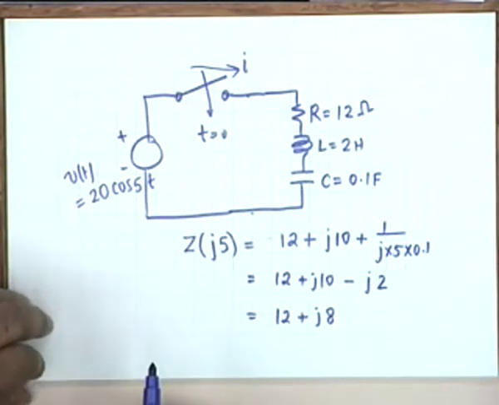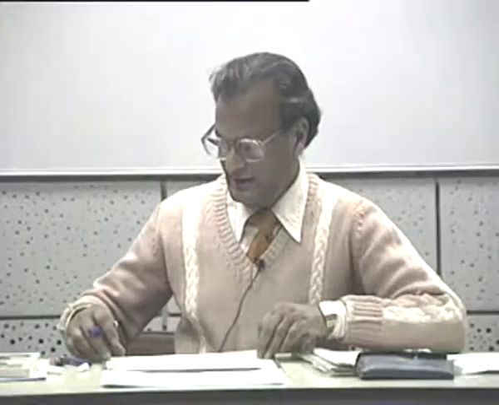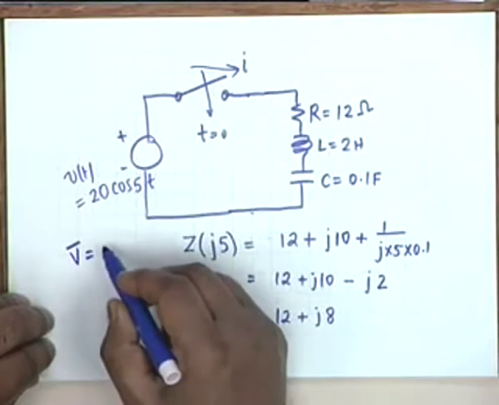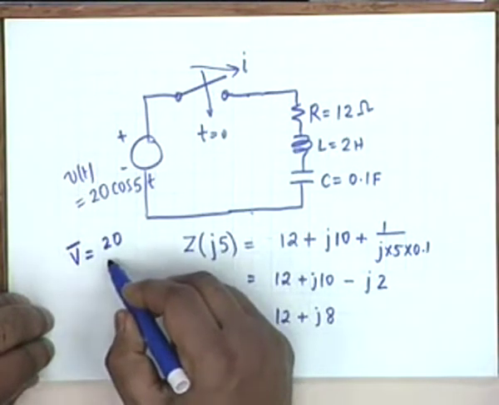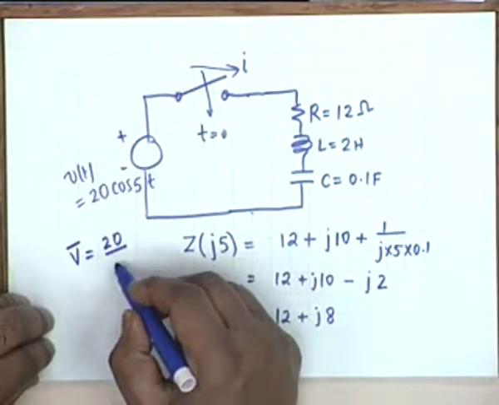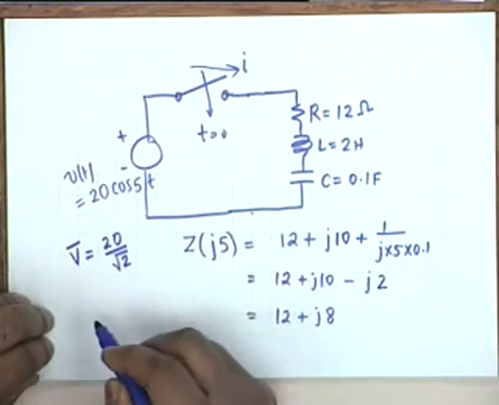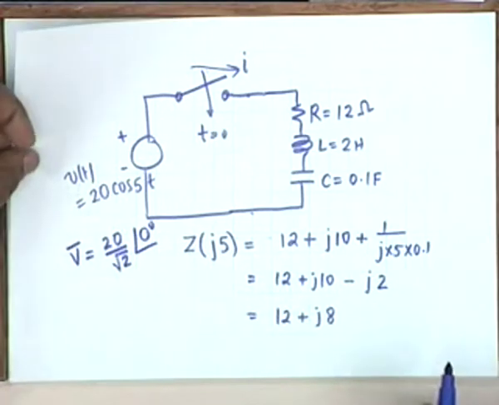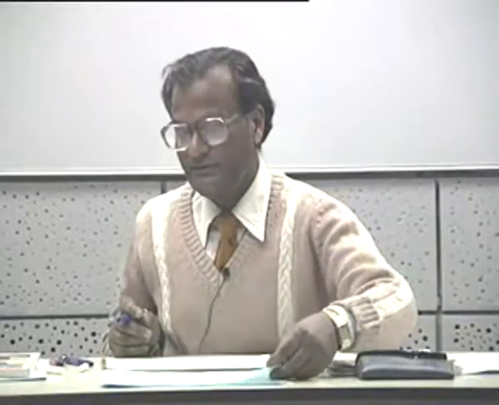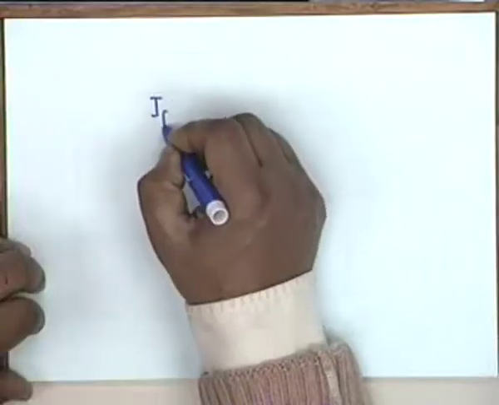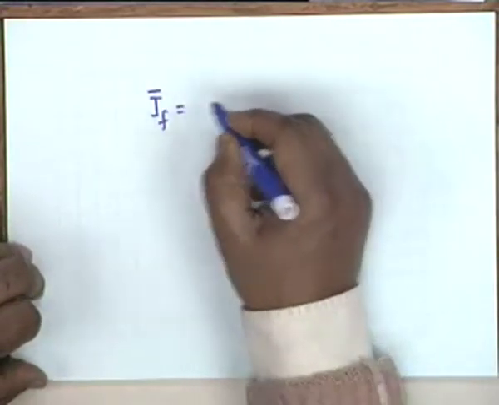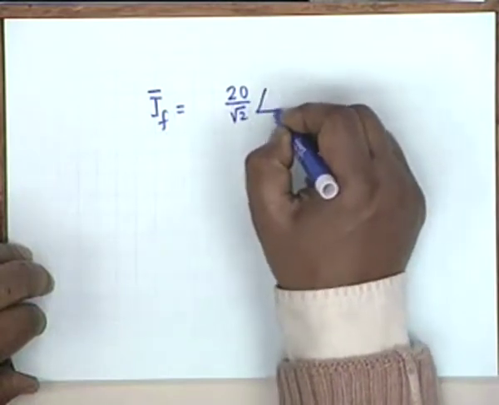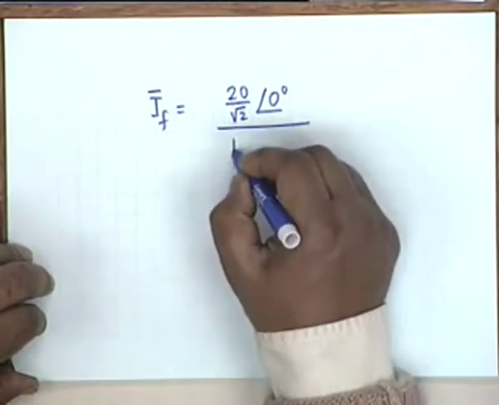All right. This is my impedance, and what is my voltage phasor? Voltage phasor is 20 divided by root 2, this must be remembered, angle 0, and therefore the forced current phasor If shall be equal to 20 divided by root 2 angle 0 degree divided by 12 plus j8.